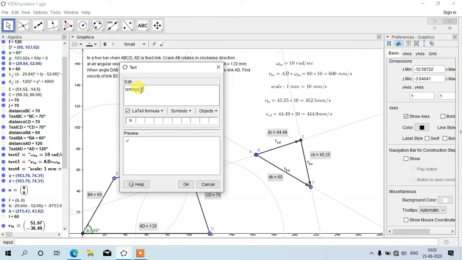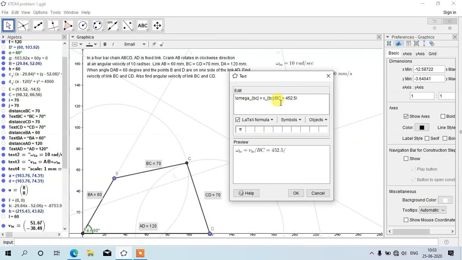Omega of link BC, let's first find it, is equal to the linear velocity of BC divided by the length of BC, which is 452.5 divided by the length of link BC, 70 mm.